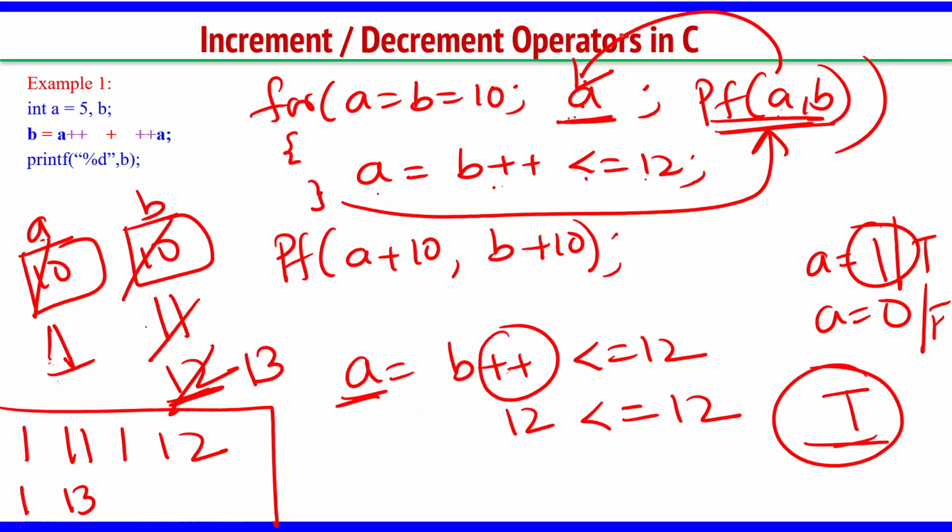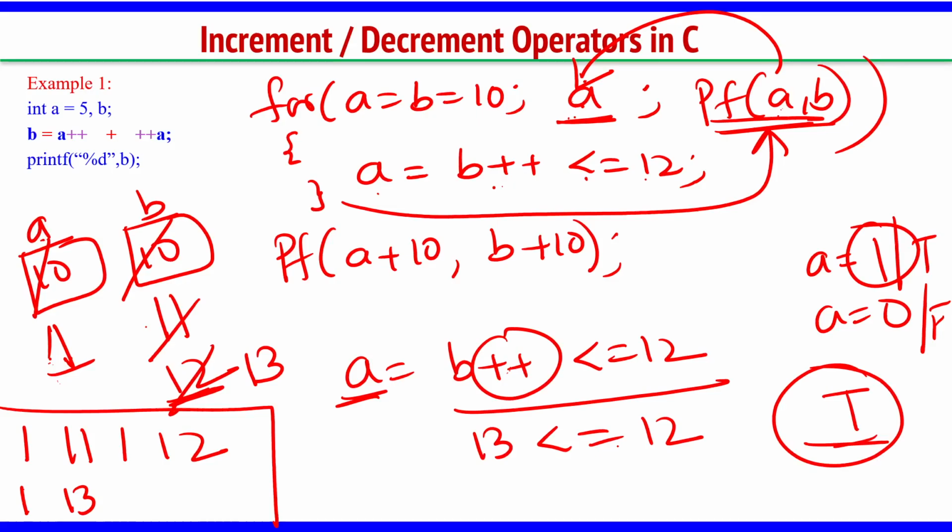Next go back to condition part. Condition contains a, which contains 1. 1 is non-zero. Enter inside the body. I have this statement. I will do it later. What is value of b? 13. 13 less than or equal to 12. What is the value of this?